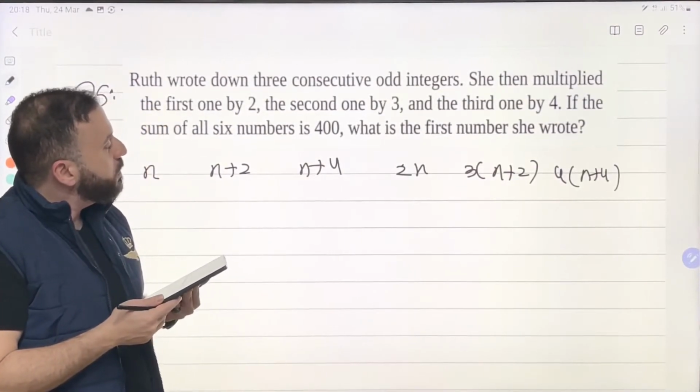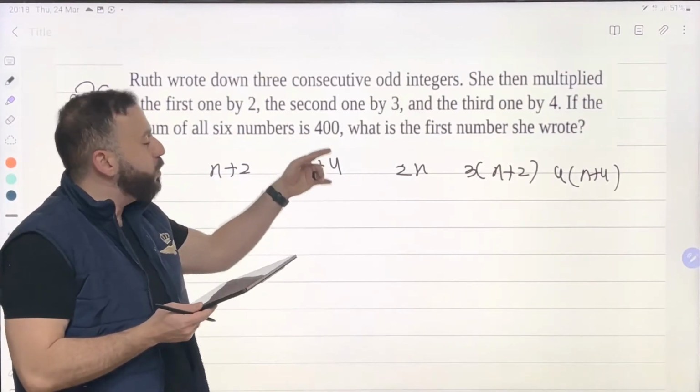And then she asked to get the sum of all the 6 numbers, which is equal to 400.